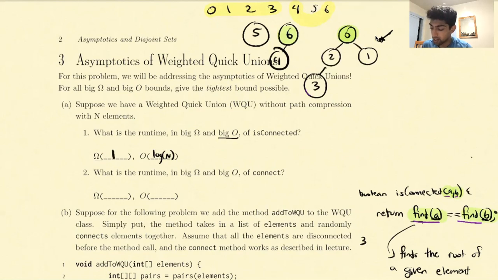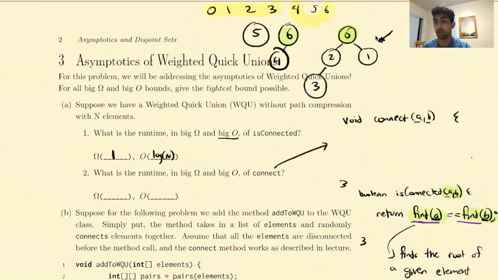Okay. So now when we're looking at connect, let's recall what connect does. If we have connect of A, B, what we do is that we find the root of the tree A belongs to, and we find the root of the tree B belongs to.